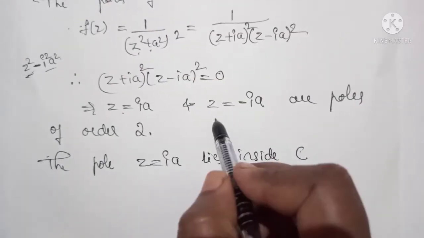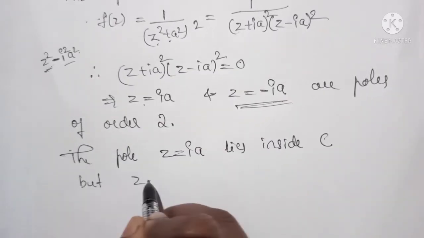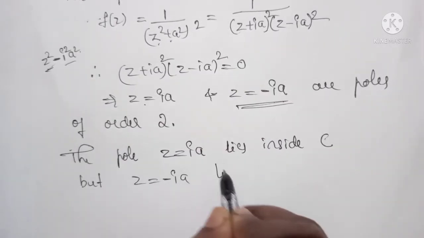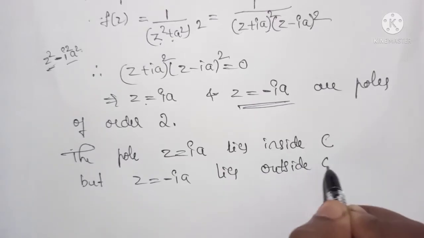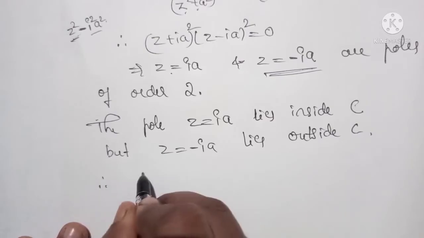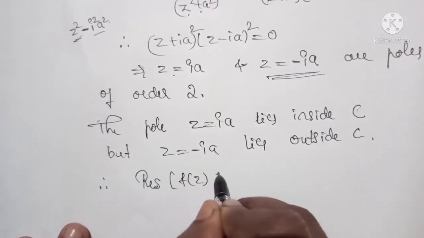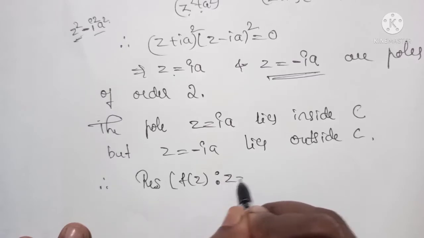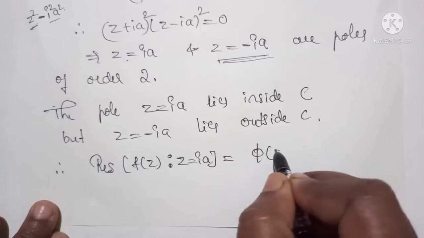So the residue of f of z at z equals ia is given by phi dash at ia divided by (m minus 1) factorial.